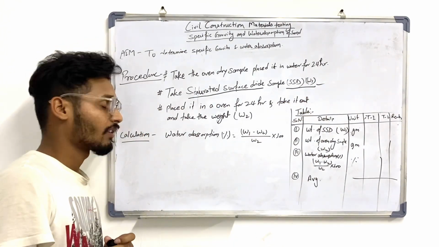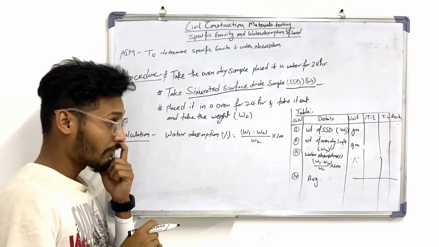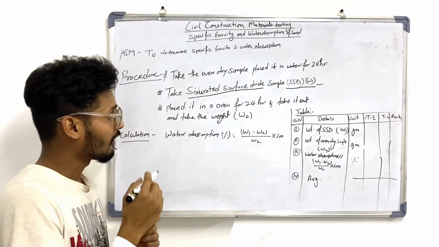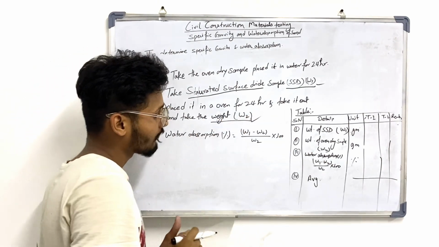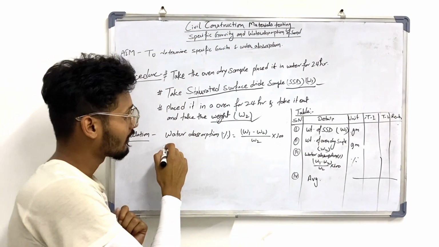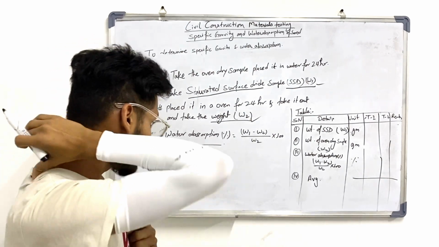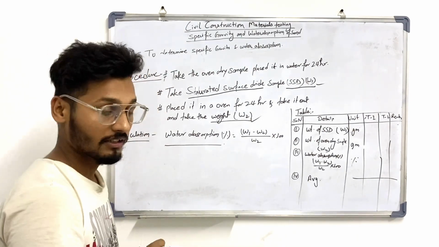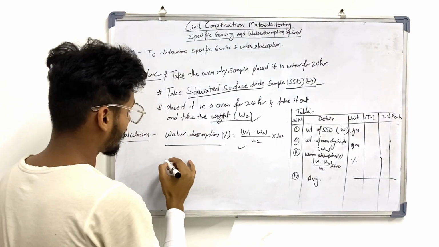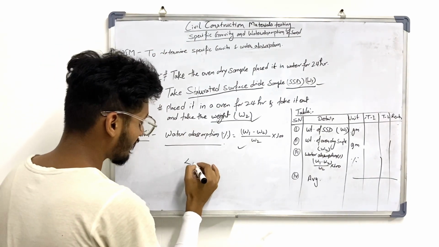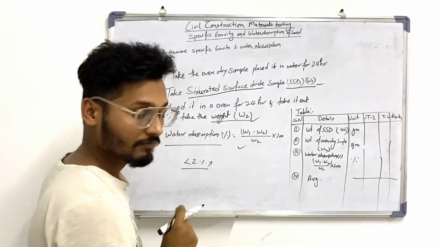Then we place the same sample in the oven for 24 hours, take it out, and take the weight, which will be our W2. The formula for water absorption is (W1 minus W2) divided by W2 into 100. The specification is less than 2%.